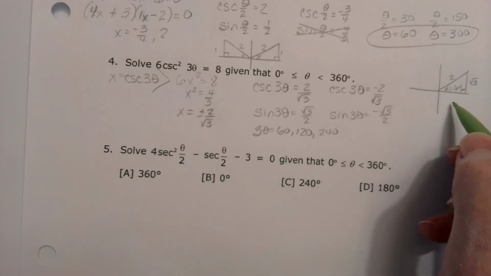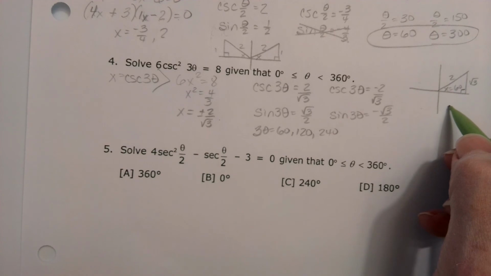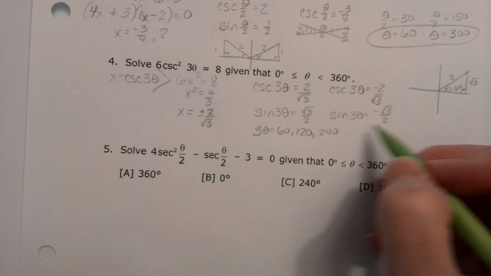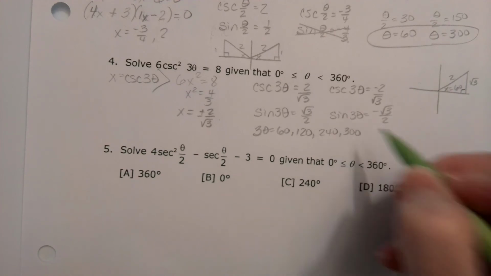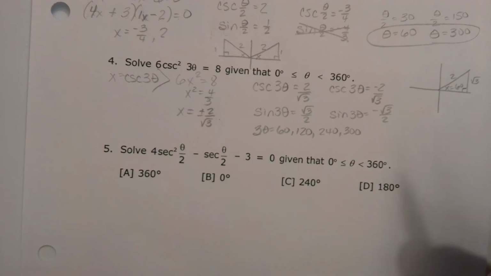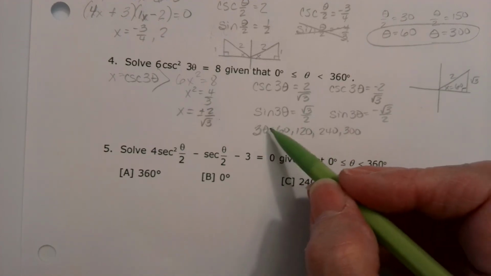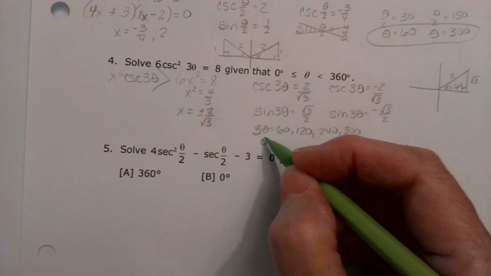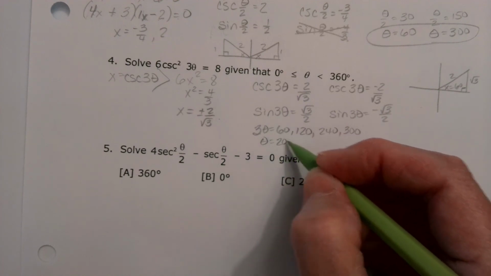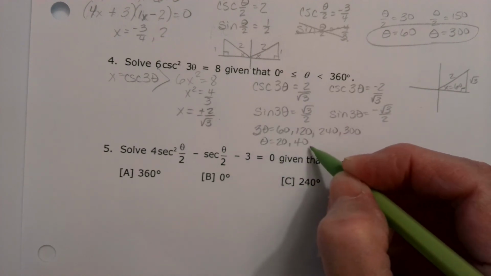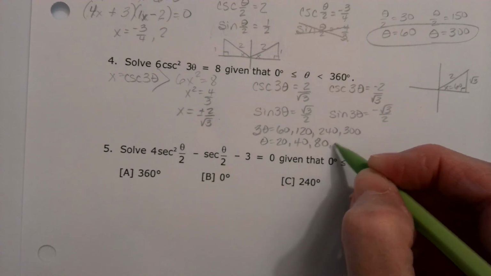Or it's going to be 60 in this quadrant, which is 360 minus 60, which is 300. Okay? Now, I've got to divide both sides by 3. So that means I'm going to have a 20, and a 40, and an 80, and a 100.